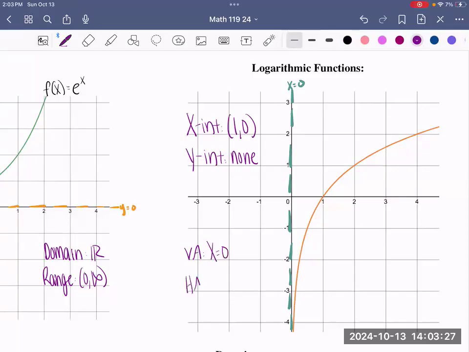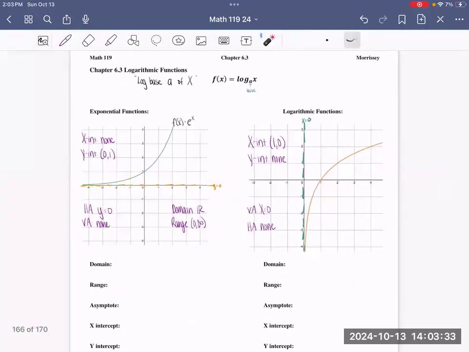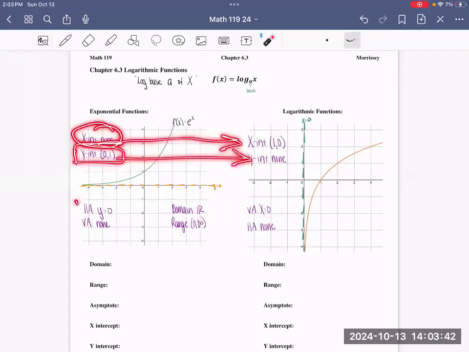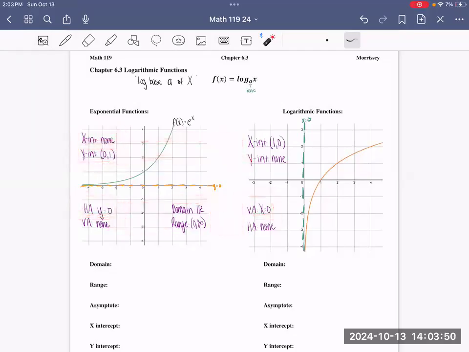And your horizontal asymptote, we do not have one. So notice that those two are flip-flopped as well. An x-intercept, we didn't have one, but now we have one. Your y-intercept, we had one, but now we don't. Your horizontal asymptote, we had one, and now we don't. And your vertical asymptote, we didn't have one before, but now we do.